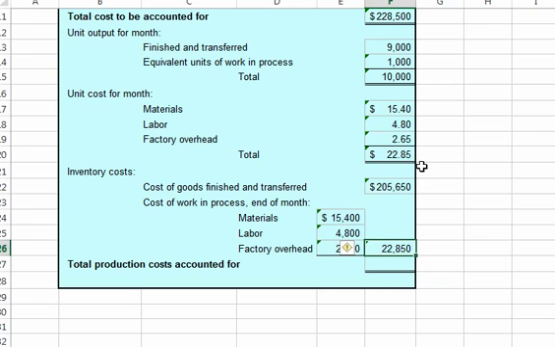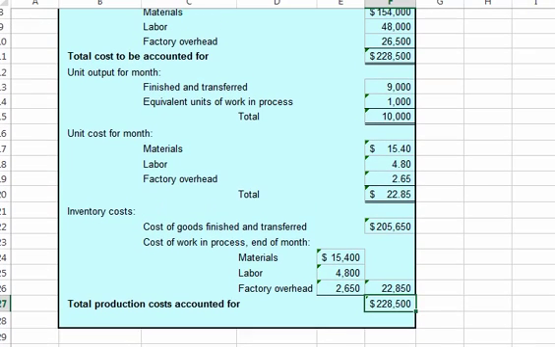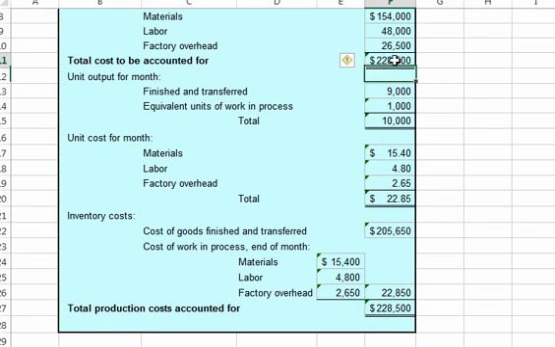And then we'll add together cost of goods finished and transferred plus cost of work in process at the end of the month, and that gives us $228,500. Total production cost we accounted for, which matches our number back up here. Two ways of coming to the same one.